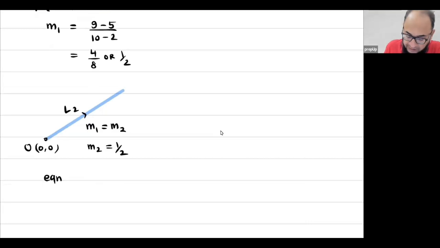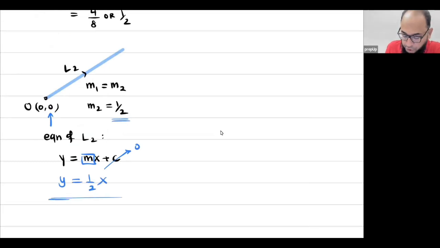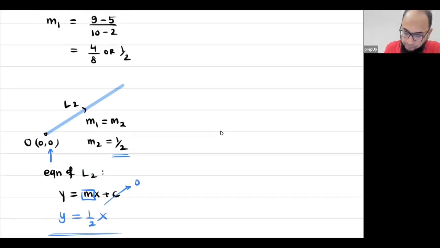If I am interested in the equation of line L2, I'll write y equals mx plus c. It's passing through the origin, therefore c is 0. This is the y-intercept. The value of m is half. So therefore y equals half x. That's the equation of line L2.